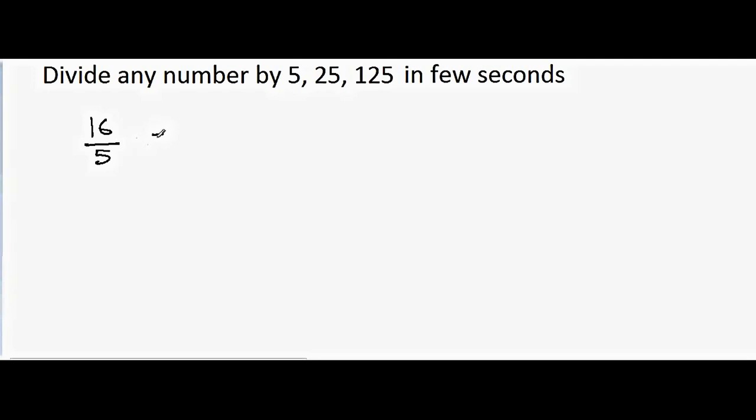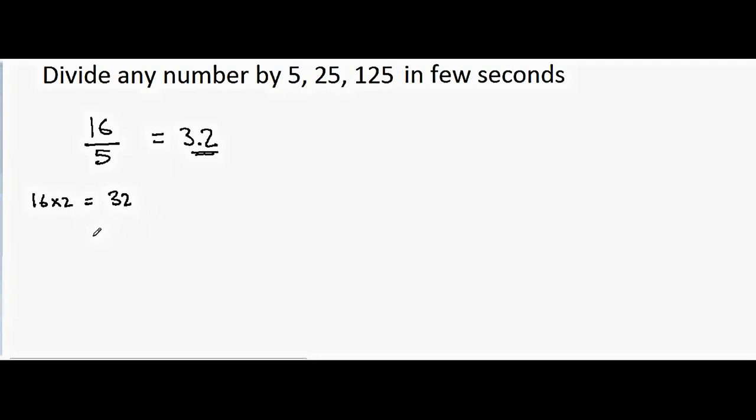However, if you use this trick, the easy way is you just multiply 16 by 2, and that is equal to 32. So I write 32 here, and then I put a decimal after one digit from the right. So that is my answer. What I did is I just doubled the number, and then I put a decimal after one digit on the right.